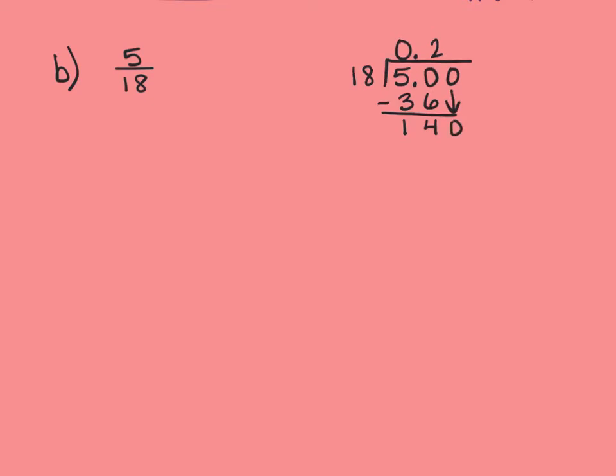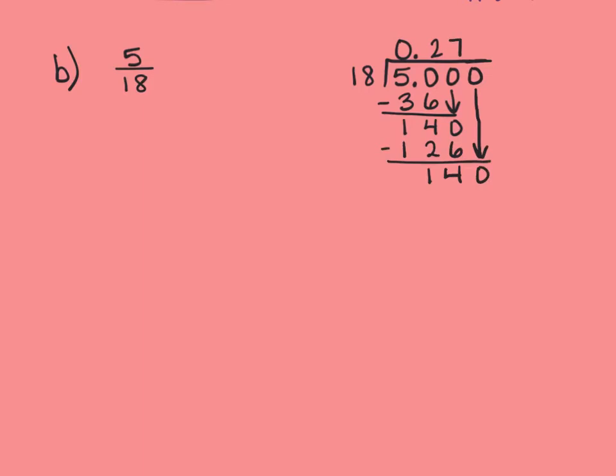So now I'm going to find out how many times 18 goes into 140. And it goes in 7 times. 7 times 18 is 126. We subtract, and we get a remainder of 14 again. So right now this is looking like it's not going to end, but let me just test it and be sure.